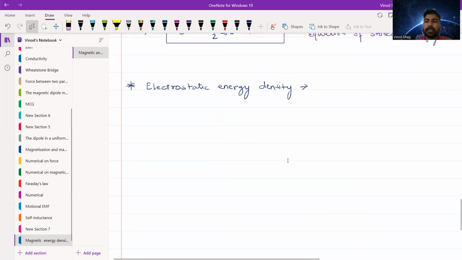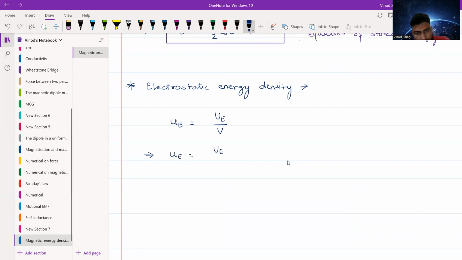It is similar to the magnetic field: the electrostatic energy divided by the volume. So the energy density UE will be equal to capital UE upon volume. Similarly, here the volume is equal to area into the separation.